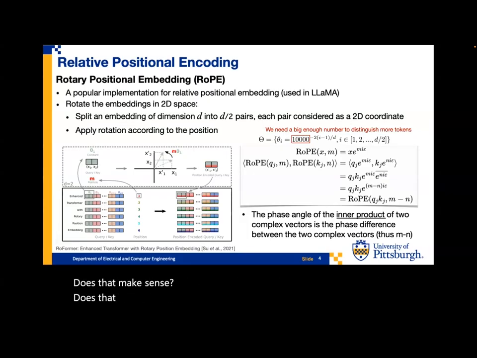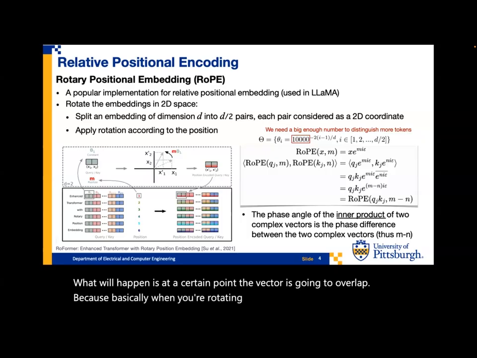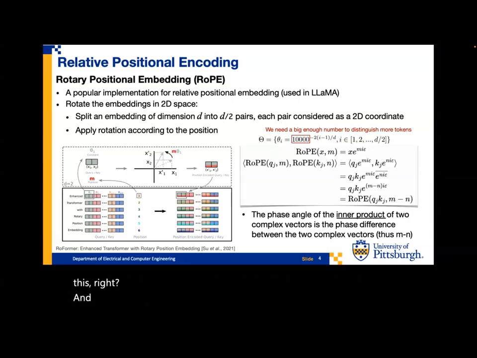Okay, so there's one problem. When you are doing this, if the theta is very big, at a certain point the vector is going to overlap, because when you're rotating it, it's just rotating around, like the second hand of your watch, and it will soon overlap.